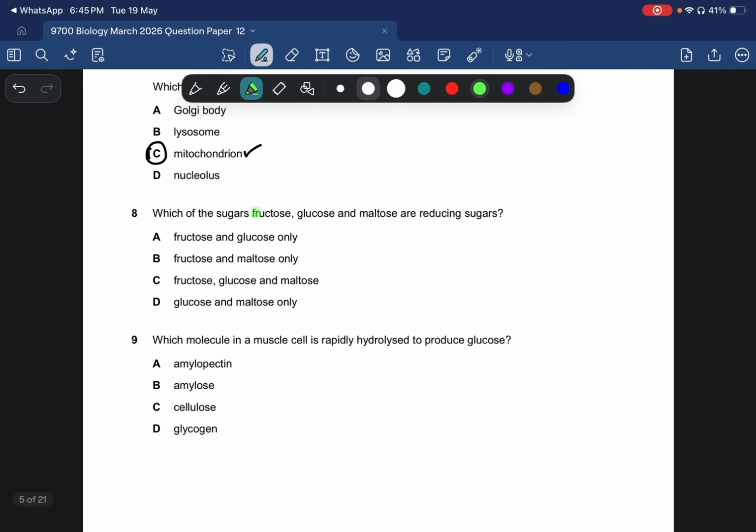Now, which of the sugars, fructose, glucose, and maltose, are reducing sugars? Let me tell you something. In your syllabus, the word reducing sugars is not even defined. Reducing sugars are basically sugars that act as reducing agents.